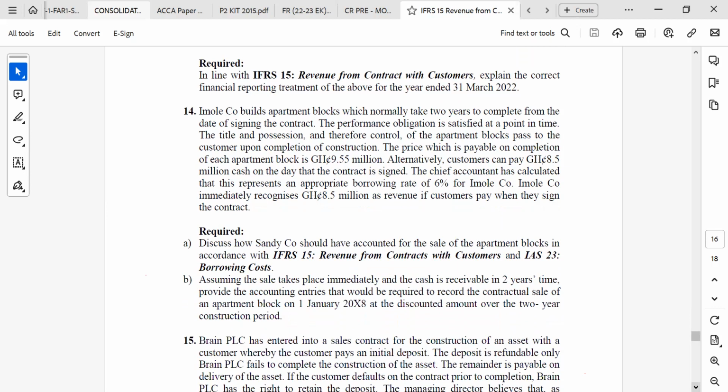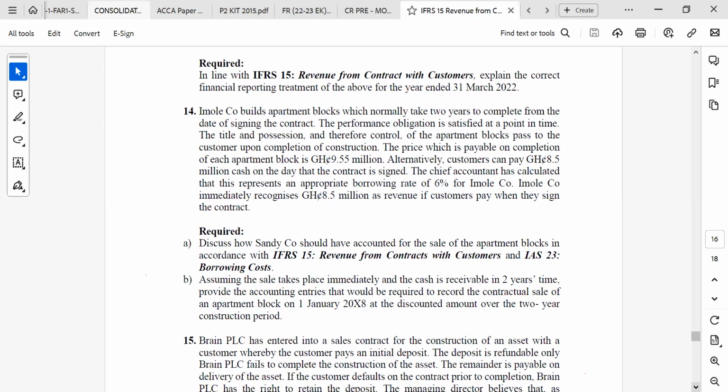Imoleco builds apartment blocks, which normally takes 2 years to complete from the date of signing the contract. A performance obligation is certified at a point in time. The title and possession, and therefore control of the apartment blocks, pass to the customer upon completion of construction.